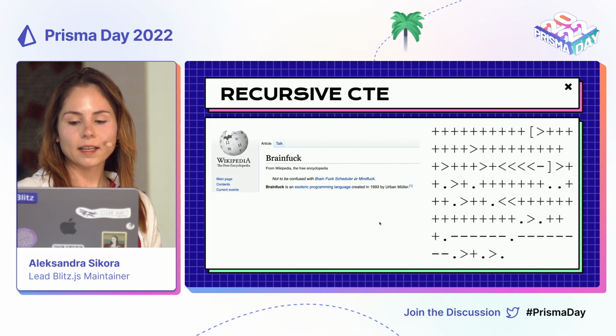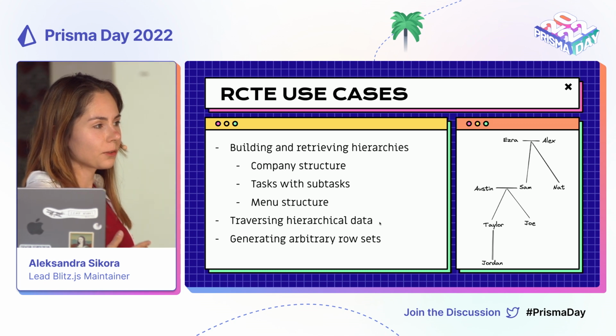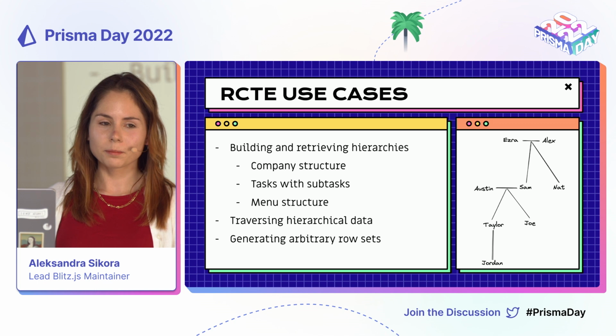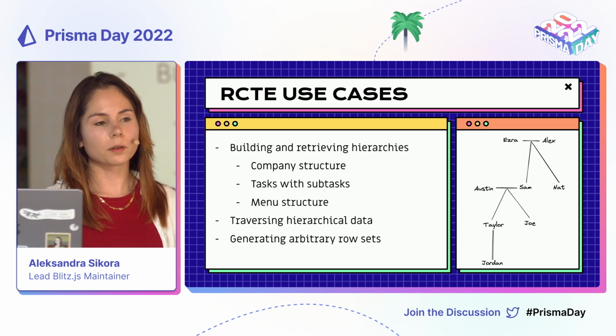So on a daily basis, we don't write interpreters, so we probably don't care about it specifically. But there are plenty of other use cases for recursive common table expressions.